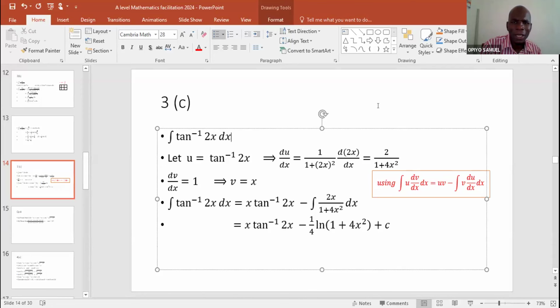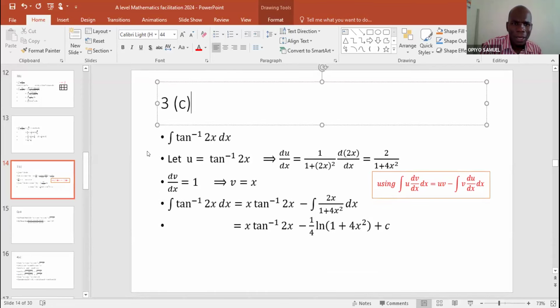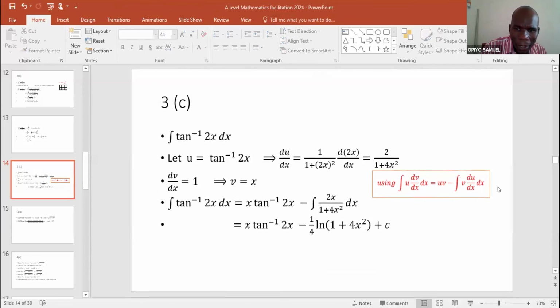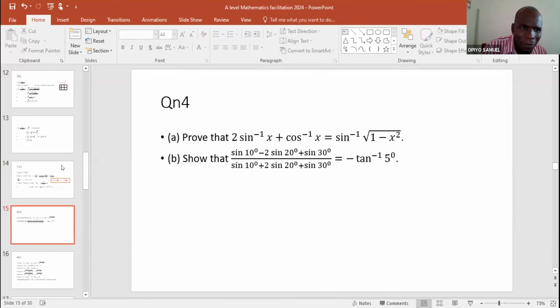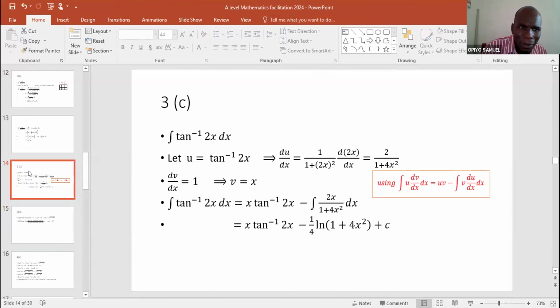We have integrated 2x over 1 plus 4x squared. Maybe we use substitution, because detecting the function and its derivative is kind of tricky as well.